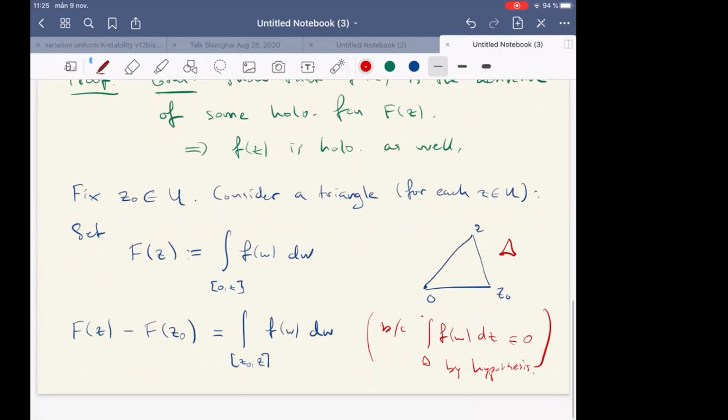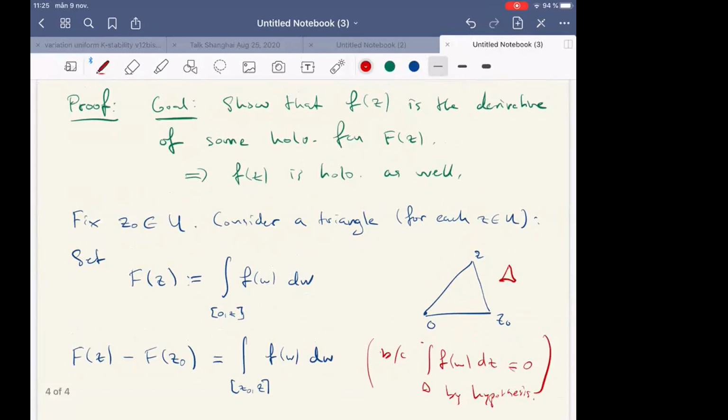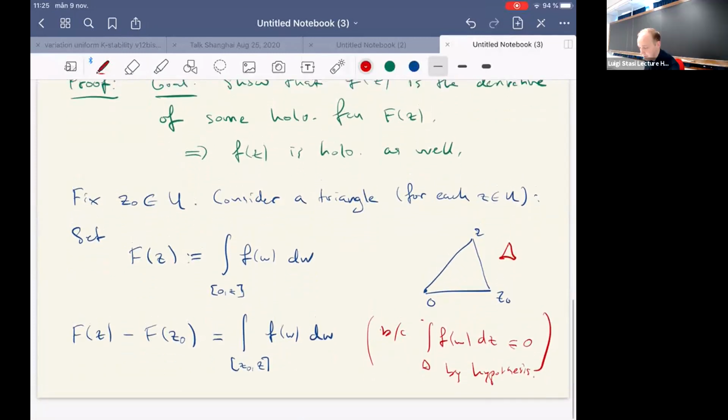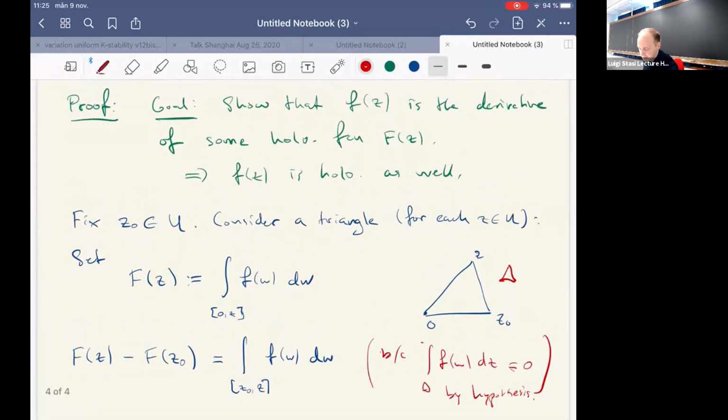But how do we guarantee that the triangle is in U? Yeah, so your worry is that this 0 might not be in U, or that U might not be convex, so that this triangle is not in U. So this 0 is really just some kind of notation.